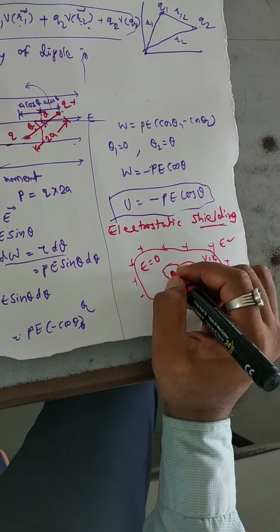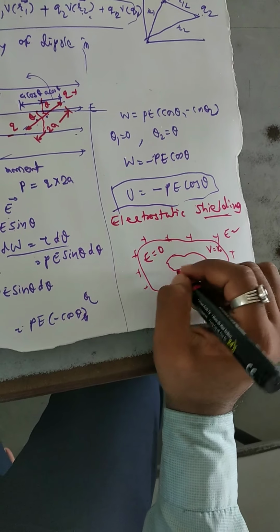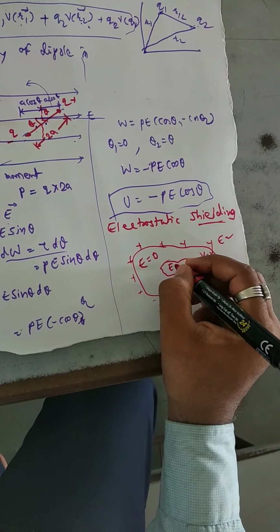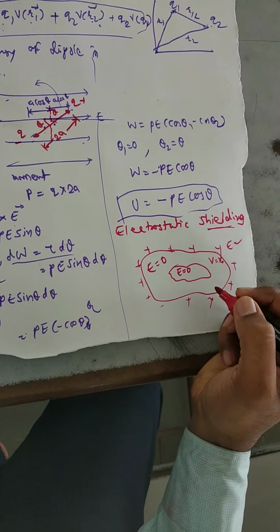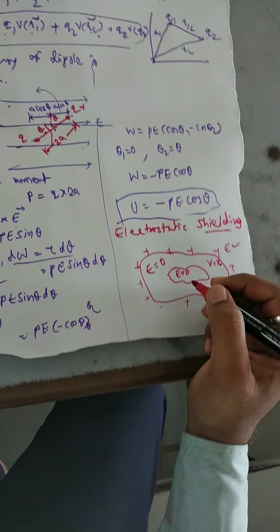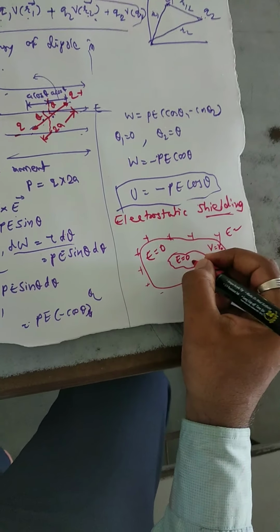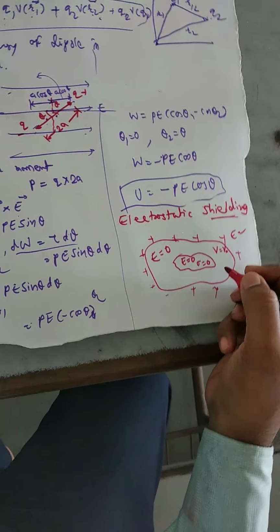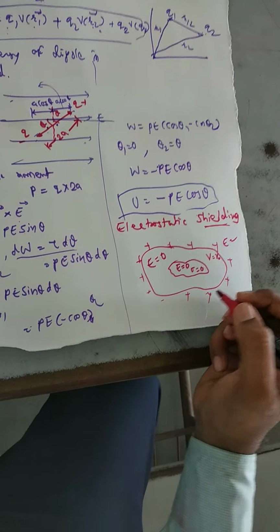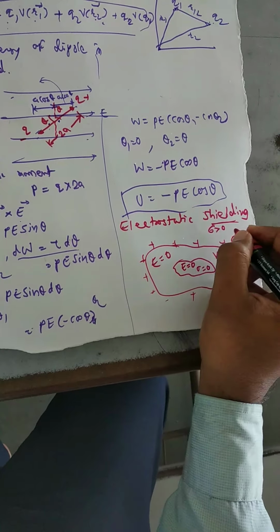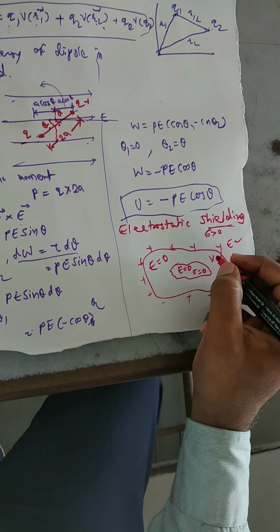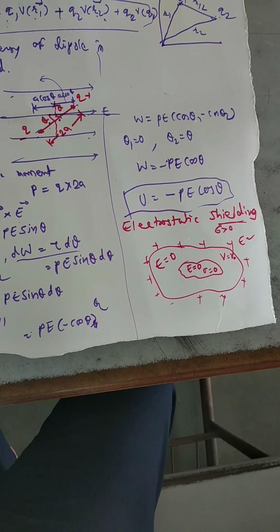Okay, but if we consider this portion of a cavity, in this portion of cavity the value of the electric field is equal to 0. Here also the surface charge density will be equal to 0. Outside, the surface charge density will be greater than 0, and here in this portion of the cavity, surface charge density is 0.